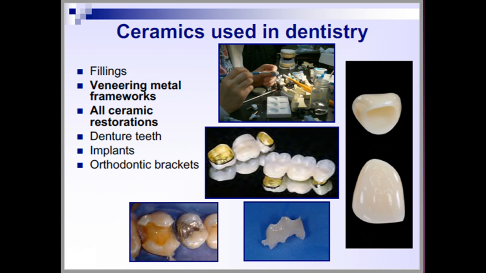So we use ceramics for fabrication of ceramic jacket crowns, veneers, post cores, and fixed partial dentures. Fixed partial dentures are where we replace a missing tooth by taking support of one anterior tooth and one posterior tooth.